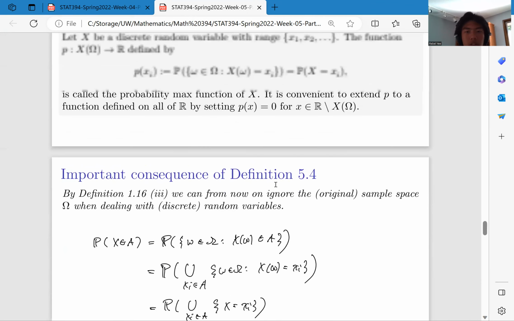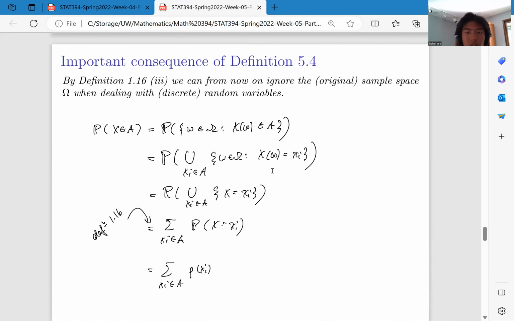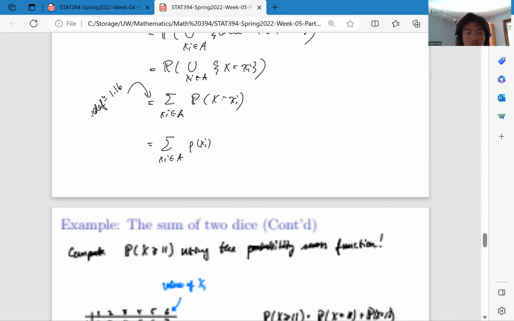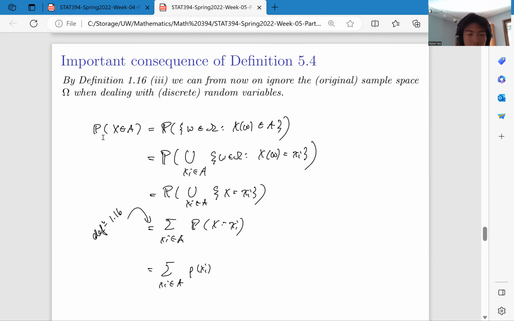And one consequence of this definition is that we can ignore the original sample space when dealing with discrete random variables if we only care about their numerical results. So let's say P(X belongs to A). This is equal to the probability of this one.